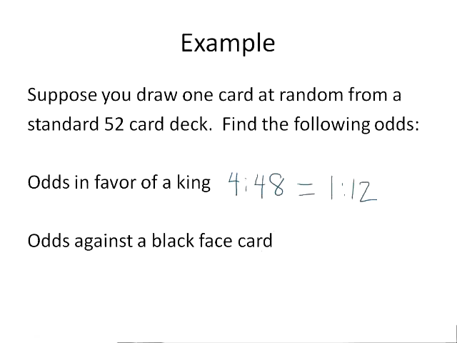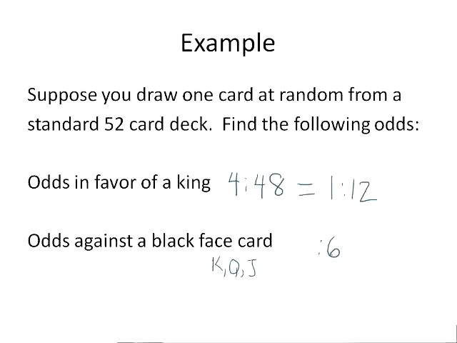The odds against a black face card. Well, how many black face cards are there in the deck? There is, of course, the king, the queen, and the jack in clubs and spades. So we have a total of 6 outcomes that are black face cards.